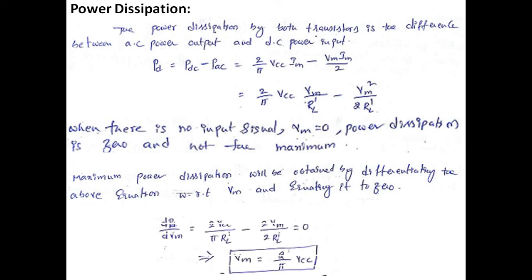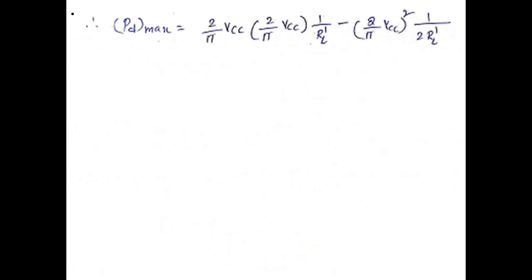Now if you differentiate that PD with respect to Vm, you will get here 2 Vm by pi RL dash minus 2 Vm by 2 RL dash, and you equate it to 0, because we are trying to calculate the value of Vm for maximum dissipation, and we get Vm is equal to 2 by pi into VCC, and you substitute that in the power dissipation. You will get the maximum power dissipation.